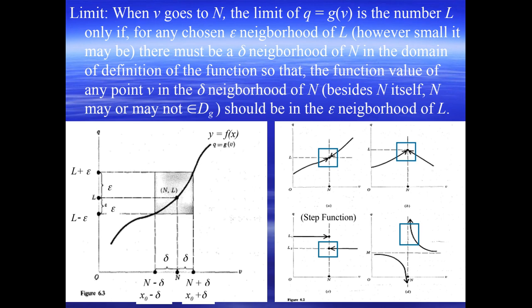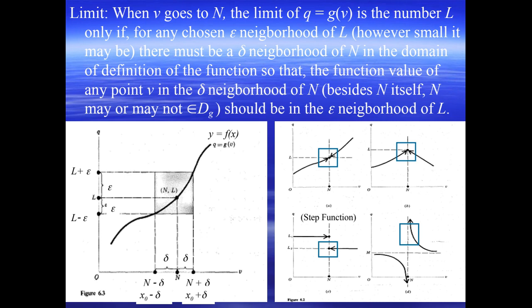So when v goes to n, the limit of q equals gv, the limit of this function, is the number L only if these conditions are fulfilled. If these conditions are fulfilled, the limit is this one, L.